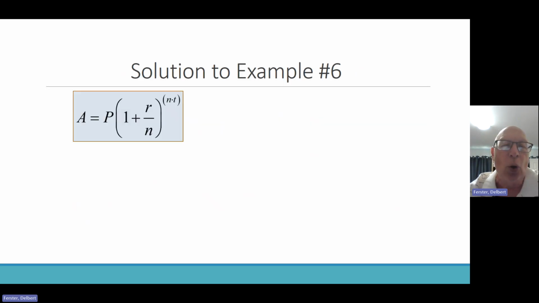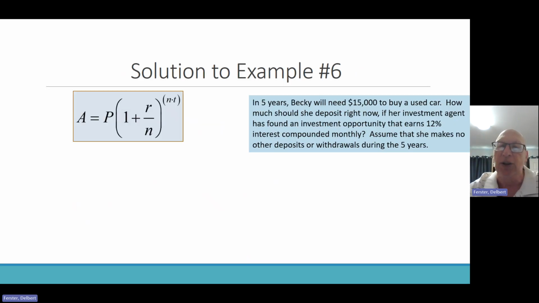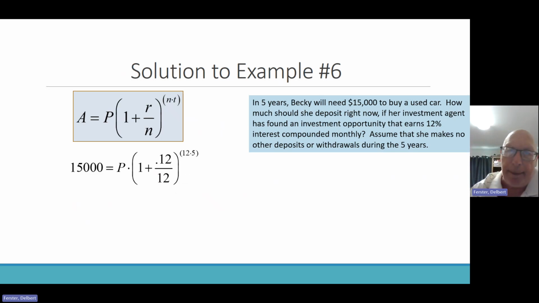Notice that in this problem you're solving for P, the present value. The accumulated value is the 15,000. That's the future value. So when you put your numbers in, the 15,000 is not P. It's what it's going to grow into. You're going to start with less than $15,000, or otherwise your investment guy's a crook.